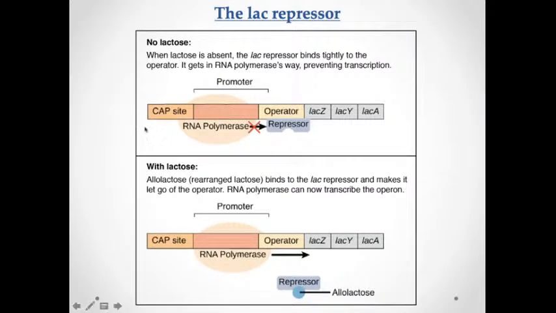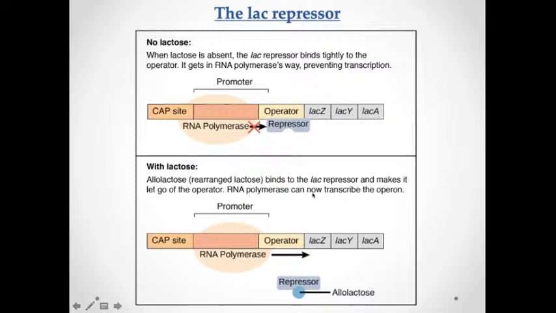Here we can see that when lactose is absent, the Lac repressor binds tightly to the operator. It gets in the way of RNA polymerase, preventing transcription. It does not let transcription happen. But when lactose is present, allolactose binds to the Lac repressor and makes it let go of the operator.